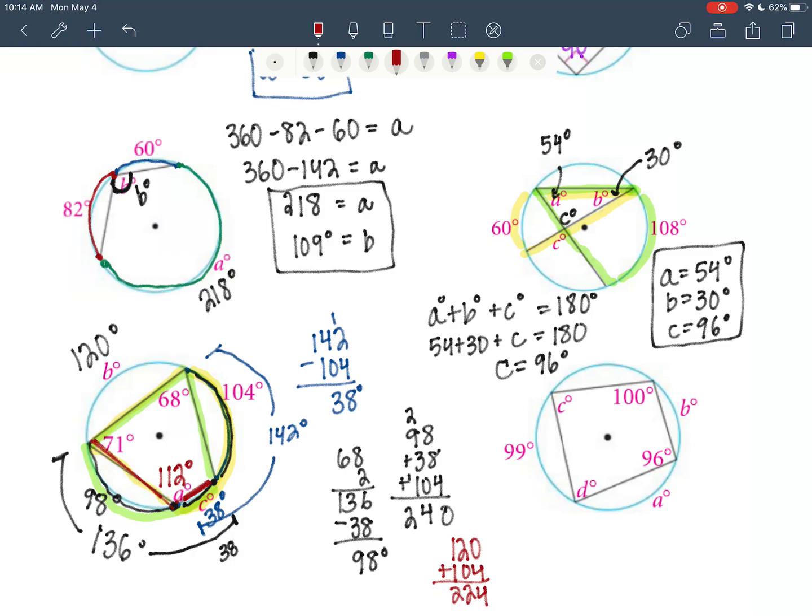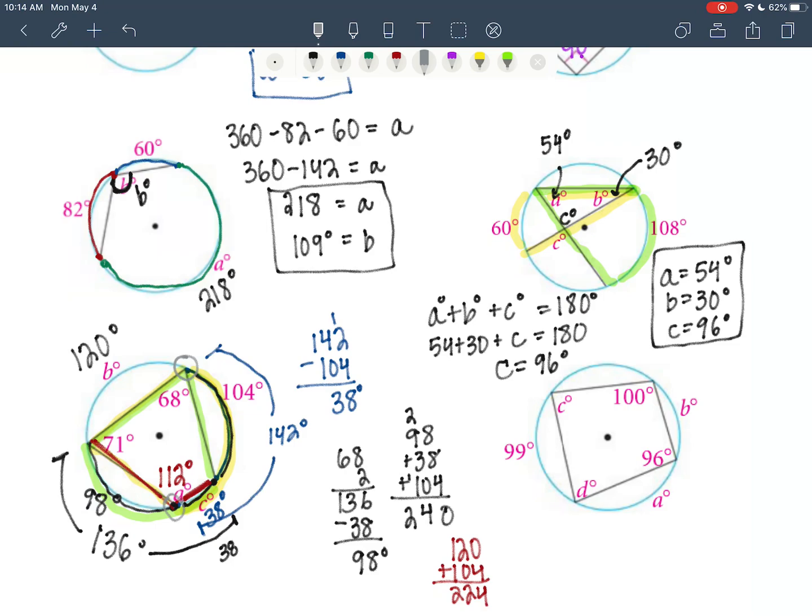Now, some of you are saying, oh, we could have figured that out a while ago, because they're opposite angles, right? So the opposite angles of a quadrilateral that's inscribed in a circle are going to be supplementary. And you're absolutely right. But I wanted to prove to you that that was true, because some of you might not have thought that.